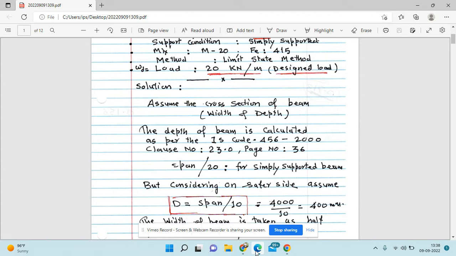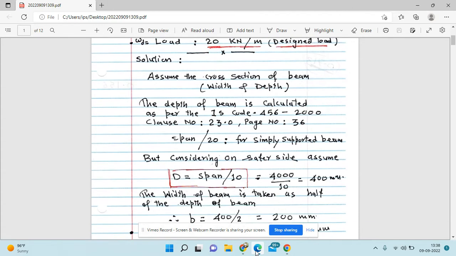But considering on the safer side, because we'll have to apply for all types of checks, so we are considering span by 10 instead of span by 20. So span is 4 meter, that is 4000 mm, divided by 10, it is 400 mm.